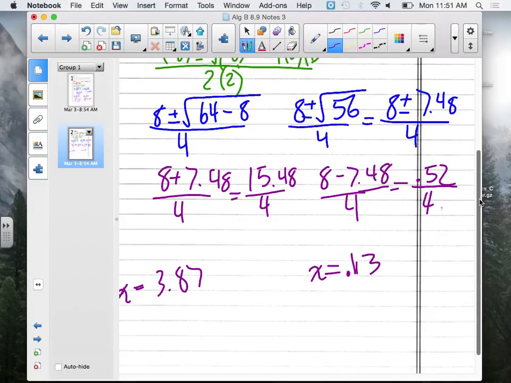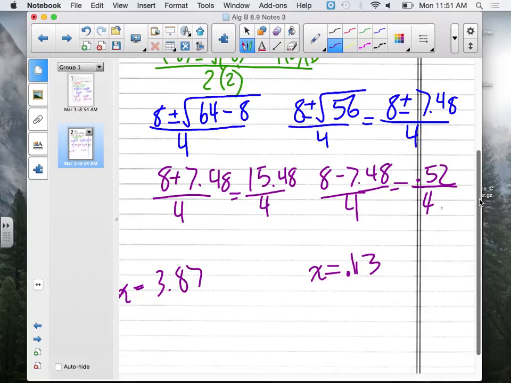If your discriminant is ever negative, what does that tell us about how many solutions it has? I heard a lot of things.